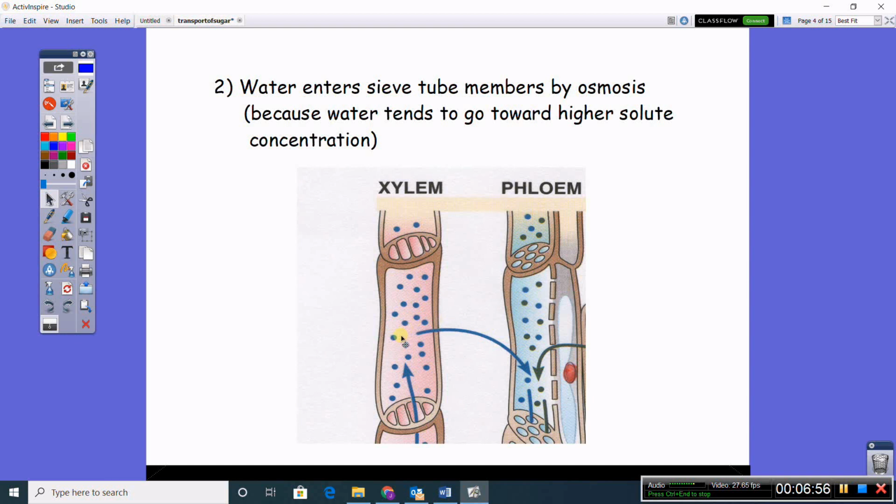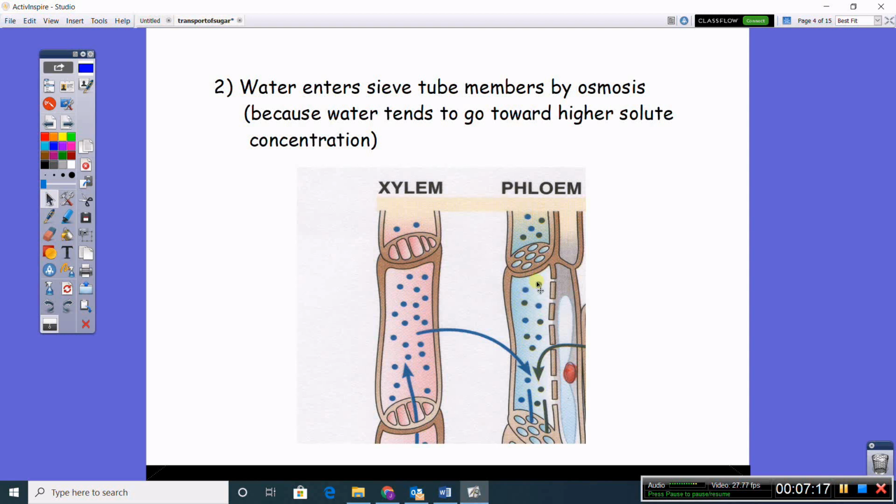There's a bunch of sugar in there. I want to be where there's all that sugar. I want to be where the solute is. Okay, so some of this water is going to enter the sieve tube member by osmosis because the water will be trying to head towards a higher solute concentration.